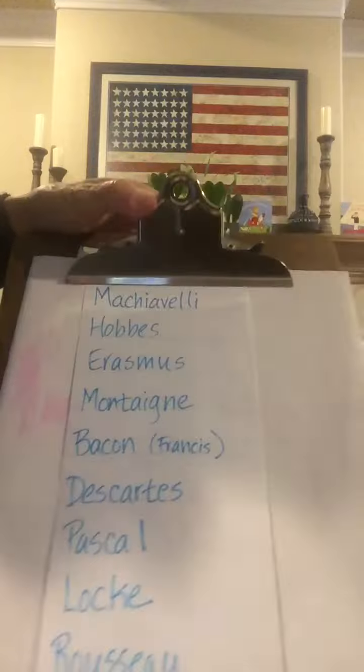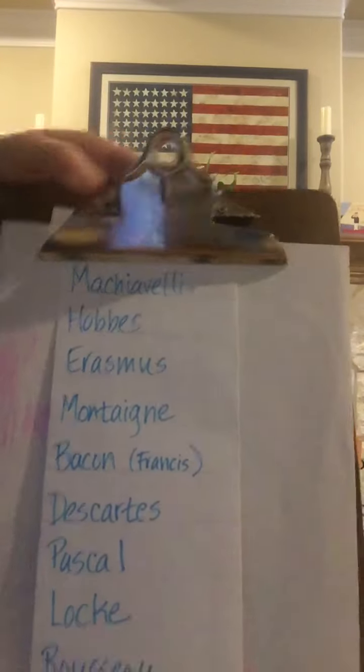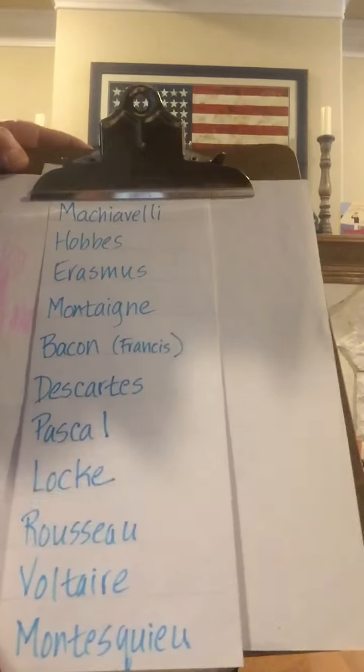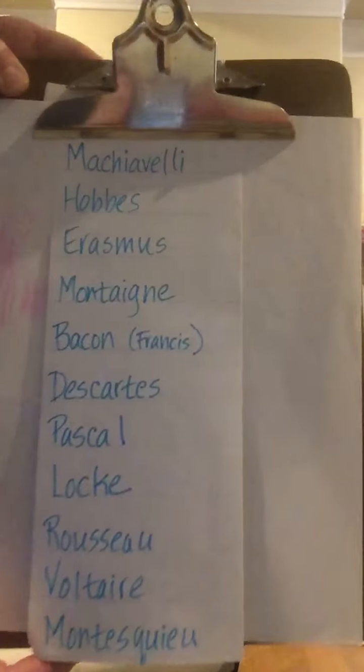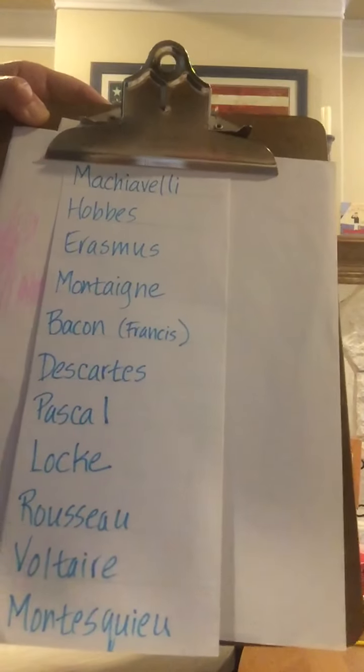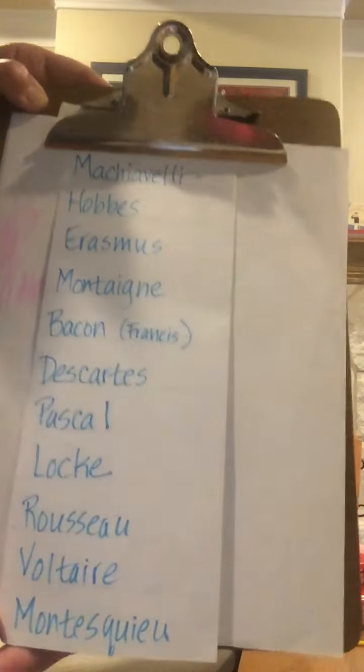So put your thinking cap on, and here it is. Here they are, a random list. If you can't see it here, it's on the blog. Got an Italian in there for good measure. And the idea is to put these in chronological order, because for me, my mind was swimming. Sorry about that light. Who influenced whom, who came first, who came next, etc. So that's a little chronology.